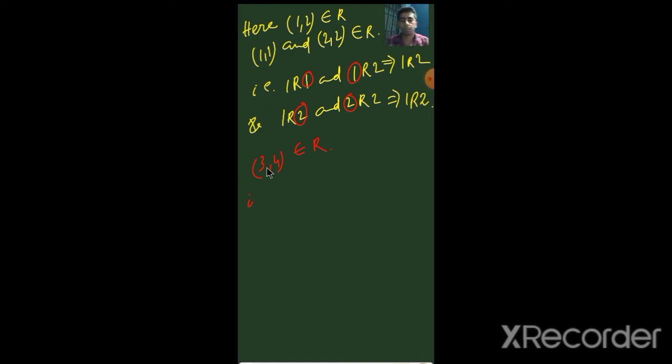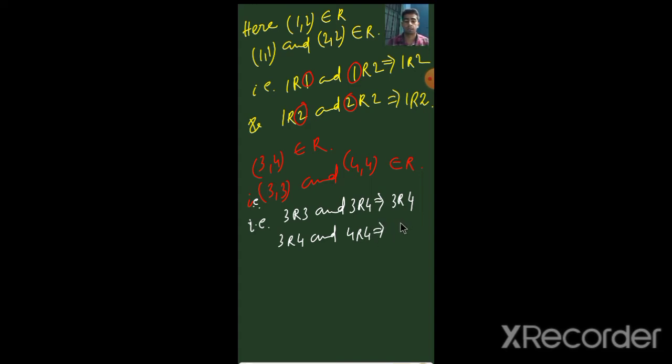Here it is given that (3,4) belongs to R, and (3,3) and (4,4) also belong to R. That is, 3 is related to 3 and 3 is related to 4 implies 3 is related to 4, and (4,3) also belongs to R. 3 is related to 4 and 4 is related to 4 both imply 3 is related to 4.